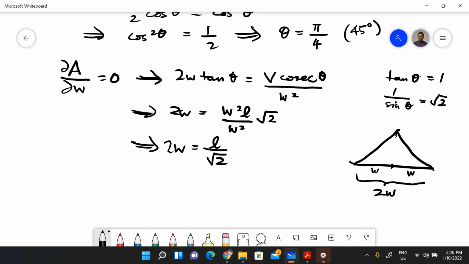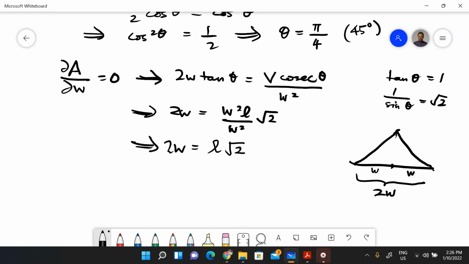So when you do that, that will be L root 2. So W will be L on square root 2. I think that's all one needs.